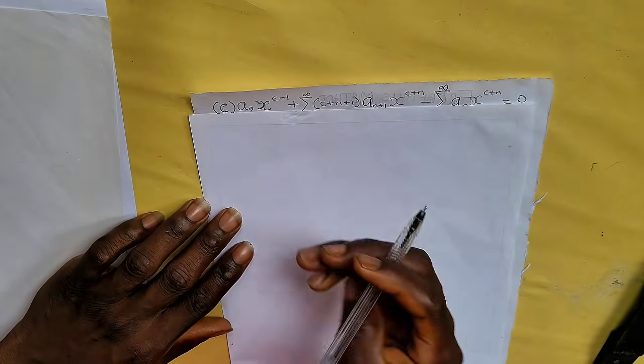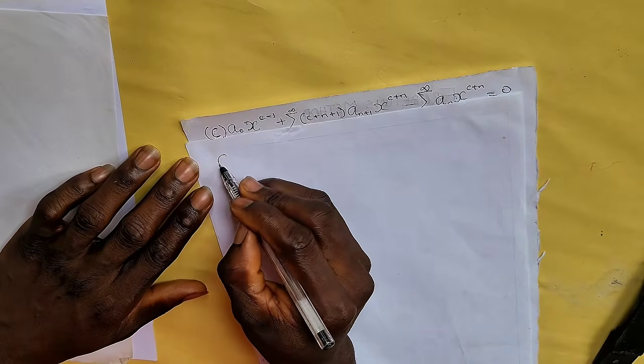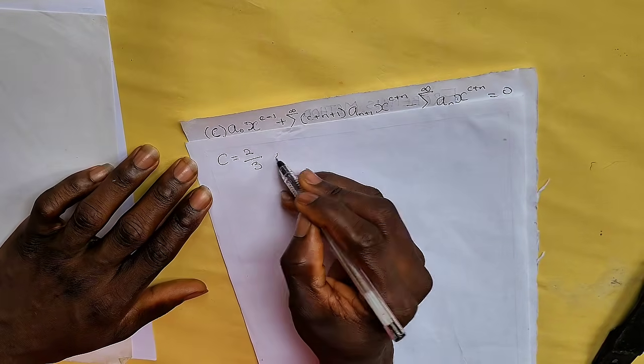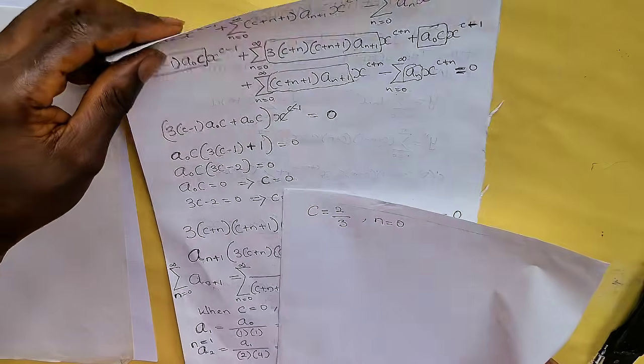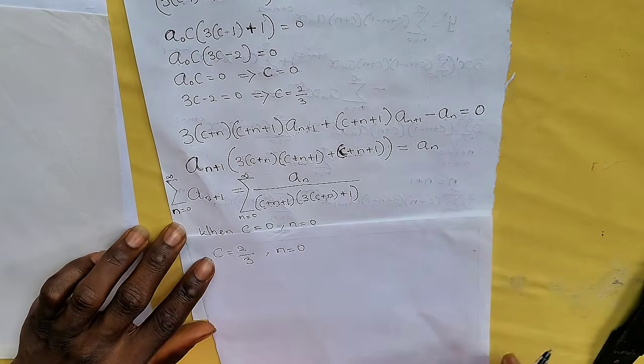All right, so I'm going to say when c is equal to 2 over 3 and n equals 0, the first time. So look at our expression again. Carefully look at it. This is the expression here.